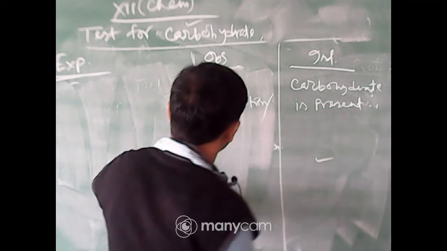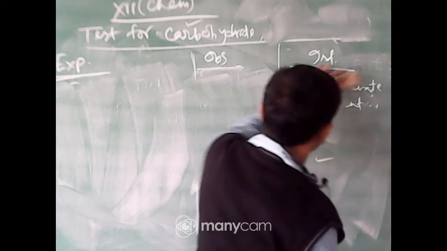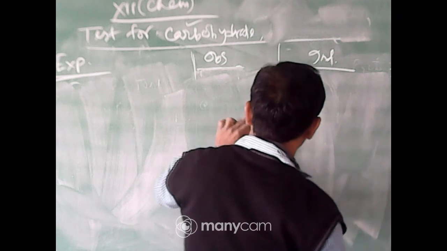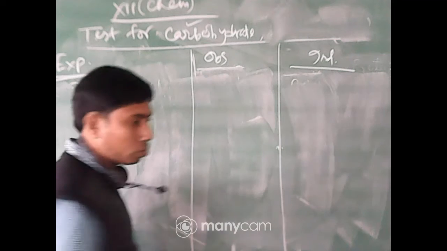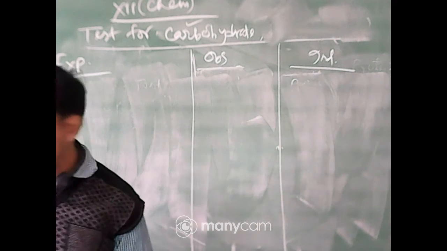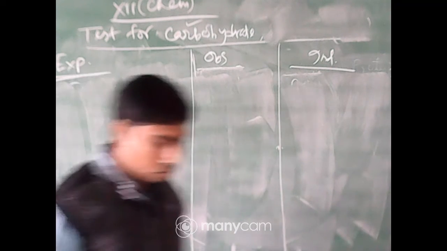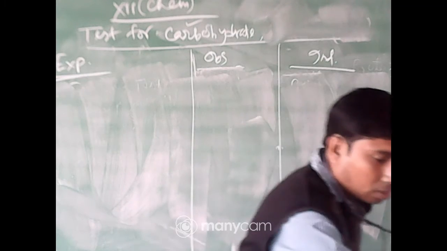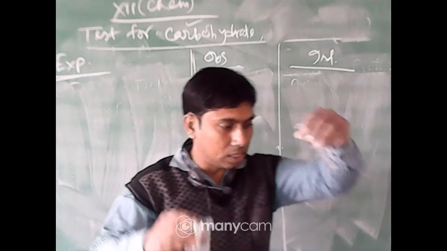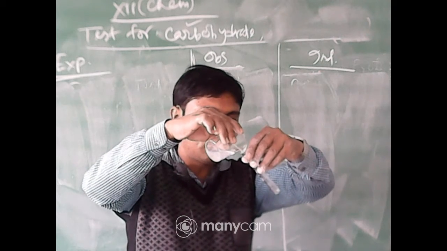Now this iodine test is only for the starch. Except starch, no other carbohydrates respond to this test. Now we are getting ready the iodine solution. So we will take here the starch solution. This is the starch solution prepared.